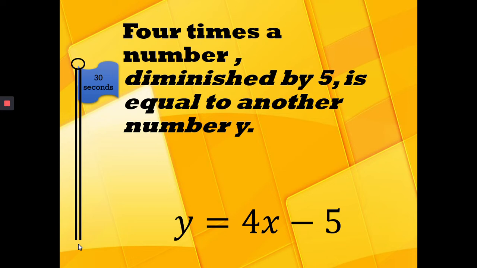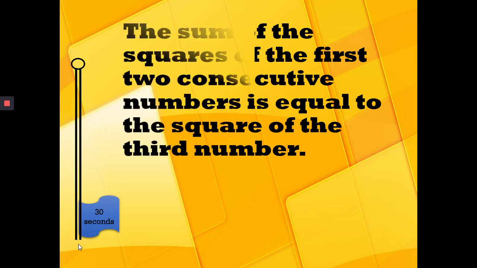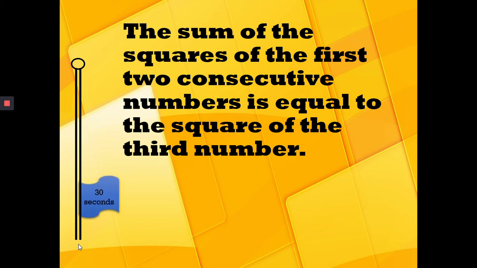Next question, number 2. The sum of the squares of the first two consecutive numbers is equal to the square of the third number. Timer starts now. Be careful in transforming this sentence into a mathematical equation or expression.